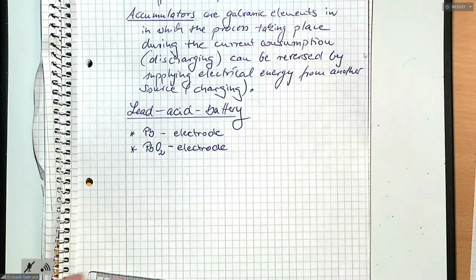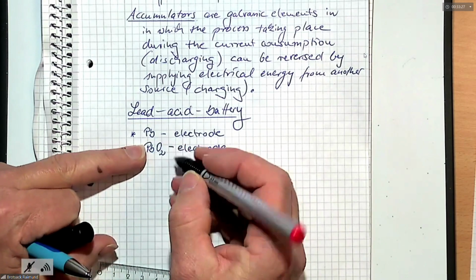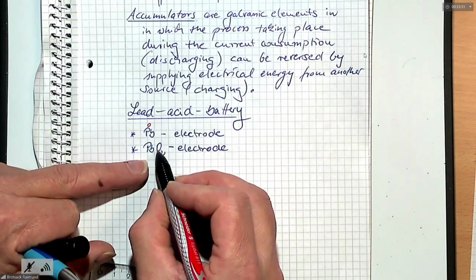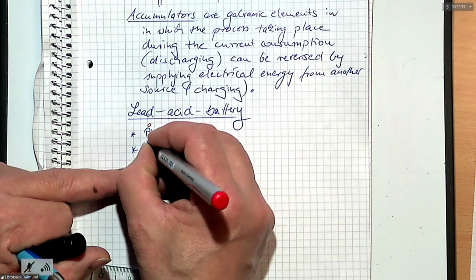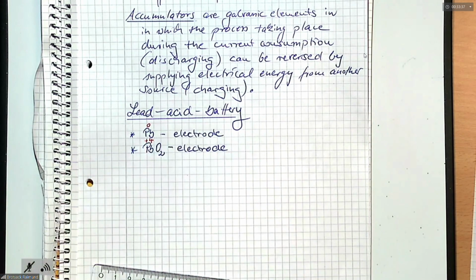What is the oxidation number of lead in elementary lead here in the pure lead electrode? 0. And here in the lead oxide, +4. So we have 2 oxidation states for the lead.